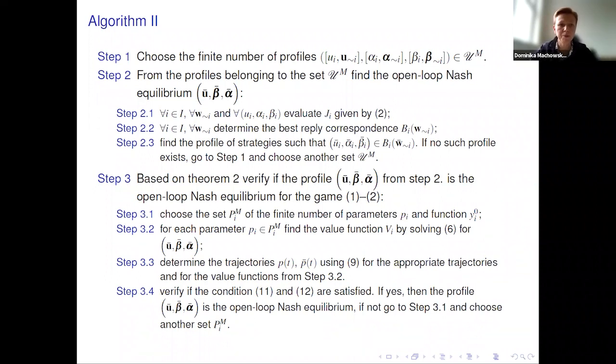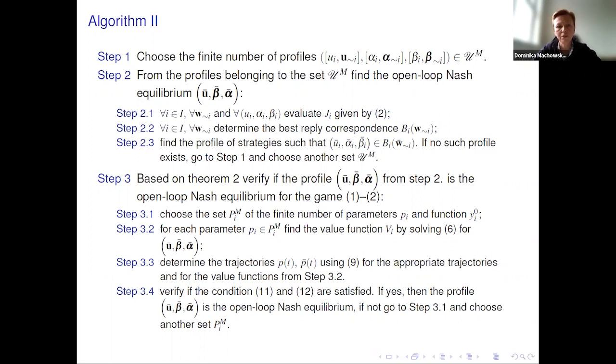Step 2.1 means that, for each player, for each opponent's strategies, and for each of our strategies, we compute the value function. We compute the GI, I mean the value of the goal function.